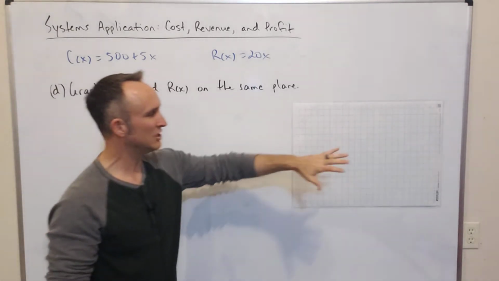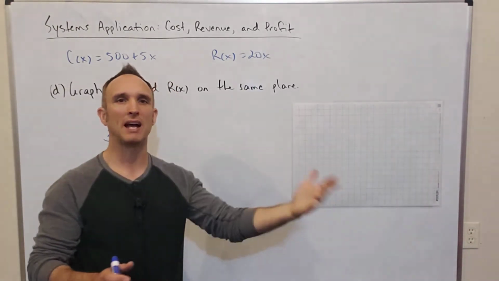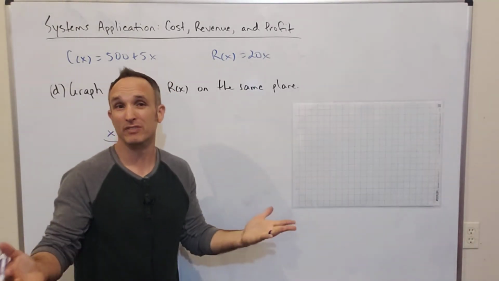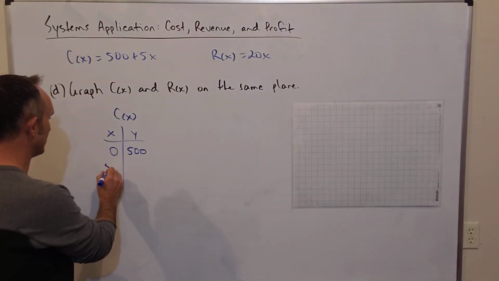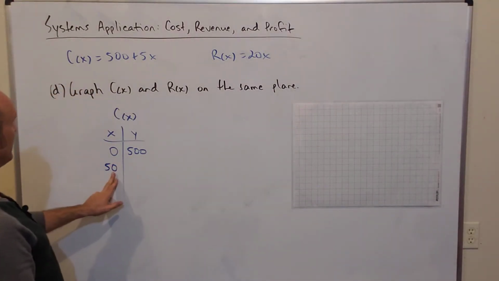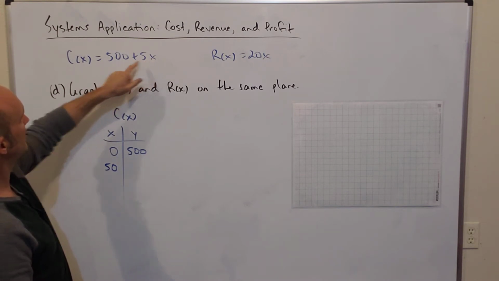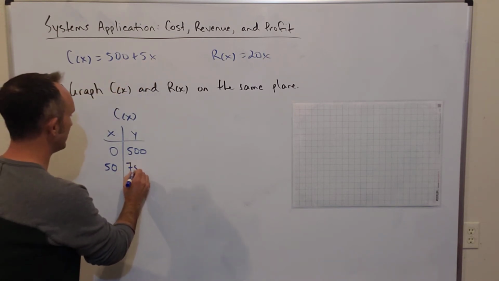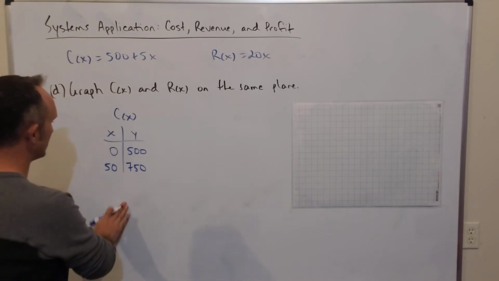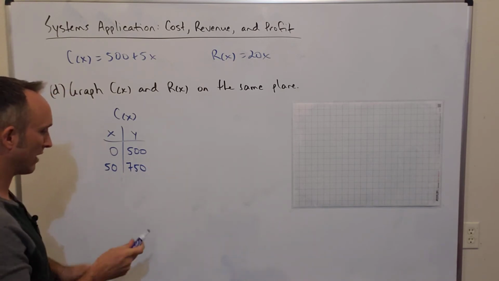We want to at least show that x value on our graph, so let's go past that and maybe go to 50. Let's go to x equals 50. So if x is 50, 5 times 50 is 250, plus 500 is 750, okay? So we kind of understand the types of numbers we're going to need on our graph for this function.